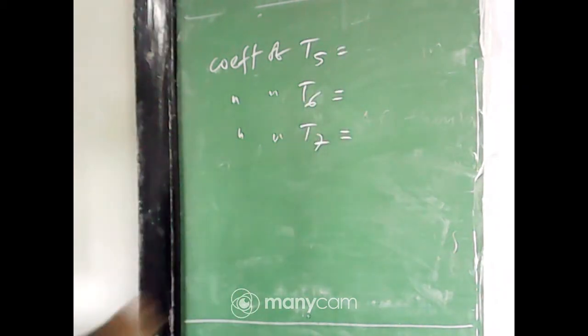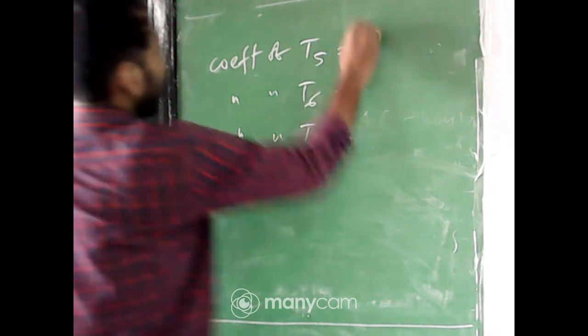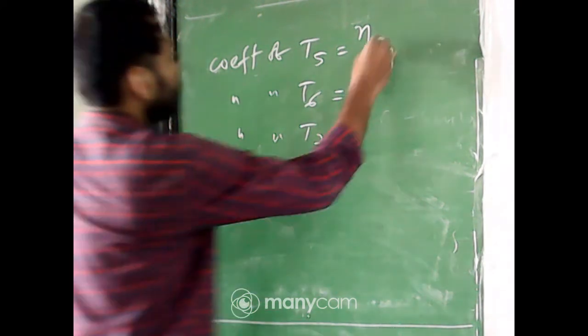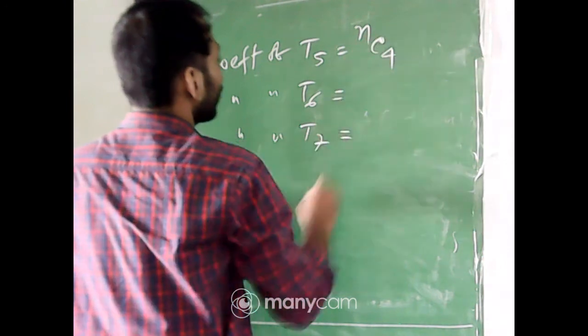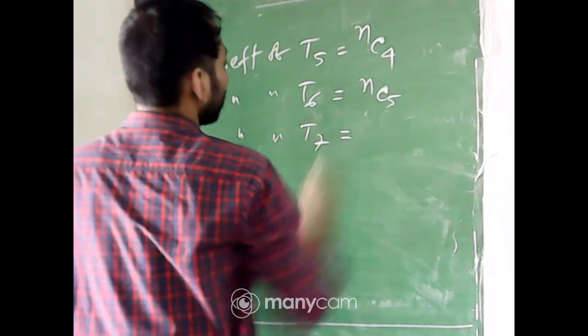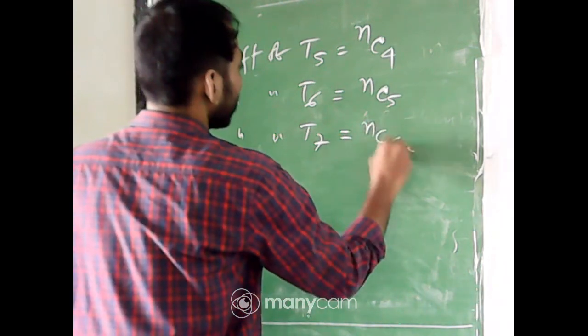So first one, that will be nC4. The coefficient of T5, that is nC4. The coefficient of T6, that is nC5. The coefficient of T7, that is nC6.